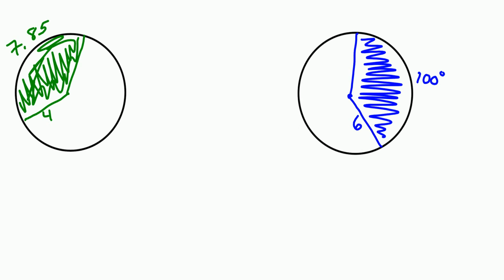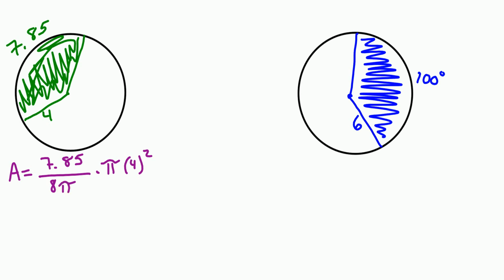Okay, so this first example here, notice it just says 7.85. There is no degree symbol, so that tells me I'm going to use the second formula. So 7.85 divided by 2 pi r, so 8 pi, times pi r squared.